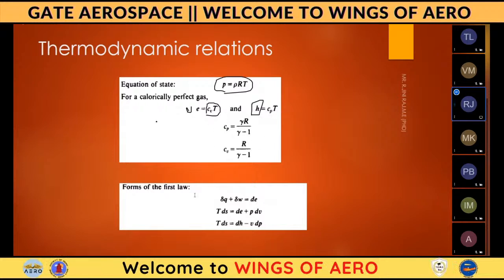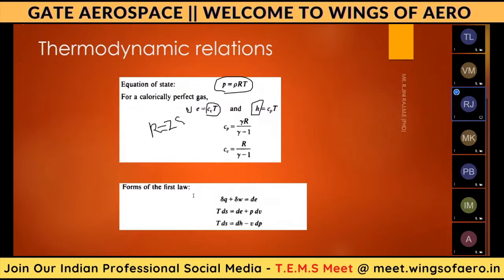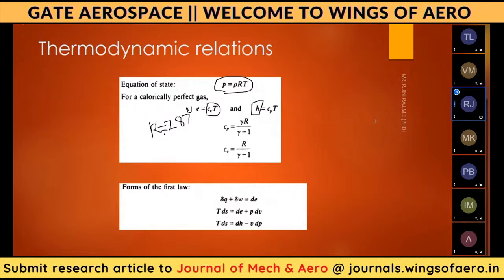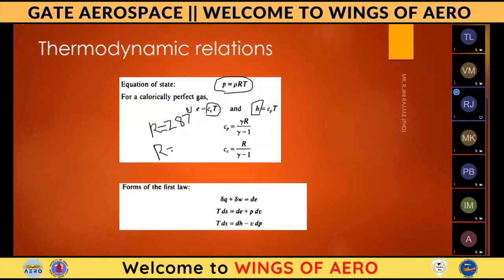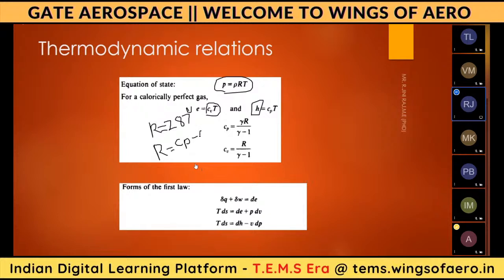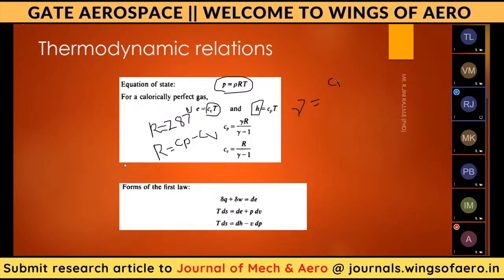And also we know that the gas constant R equals 287. Depending upon the unit it may vary, like 0.287, or you can consider it as 287. Then we know another formula, R equal to Cp minus Cv, and also gamma equal to Cp divided by Cv.